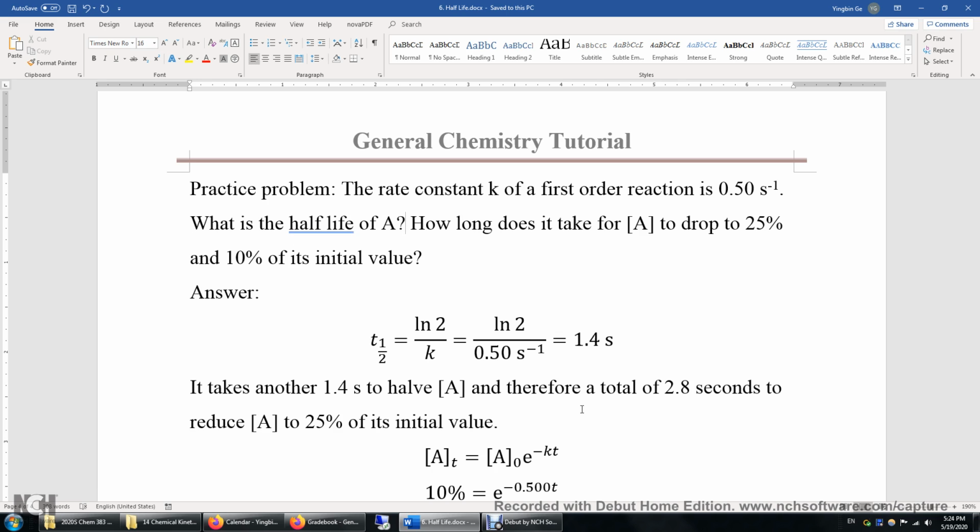All right, but now let's look at the last question here, 10% of its initial value. It's now more difficult to use the half-life to estimate this. It's not going to be an integer multiple of half-life. So we'll get back to the integrated rate law.